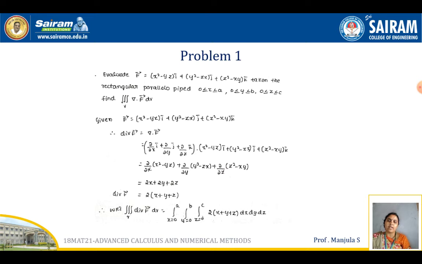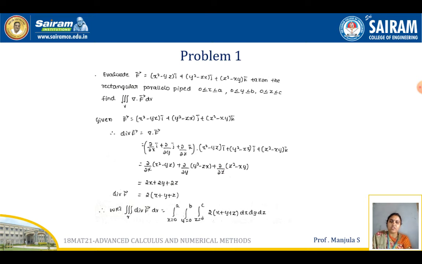Now there are two vectors with a dot product in between, so you go for multiplication. I dot i is 1, and any other term will become 0. So dou by dou x of x square minus yz plus dou by dou y of y square minus zx plus dou by dou z of z square minus xy.